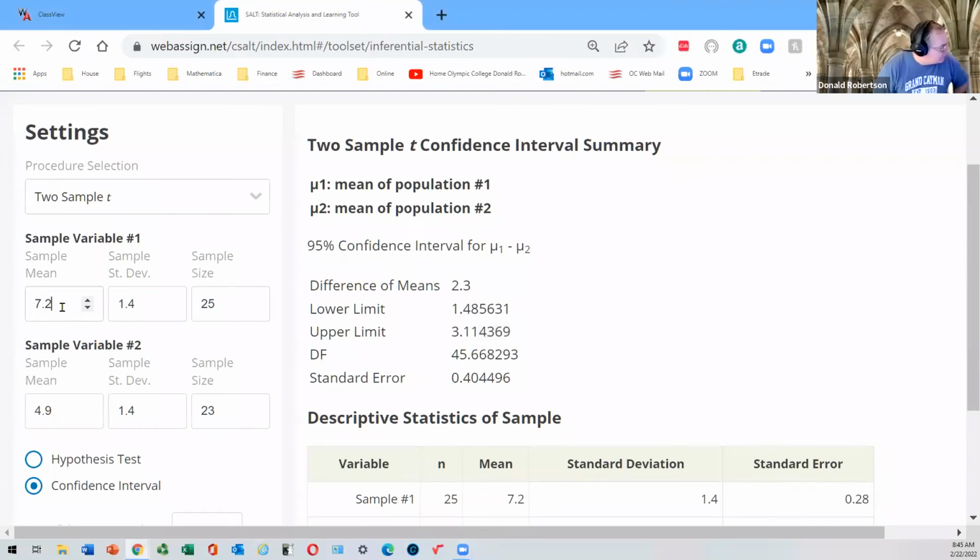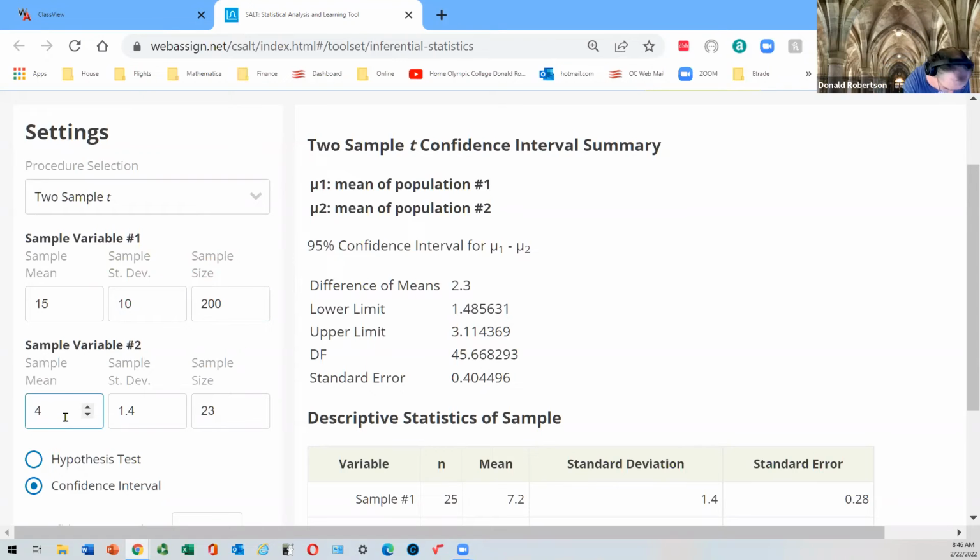The experimental group had a mean of 15, a standard deviation of 10, and a sample size of 200.